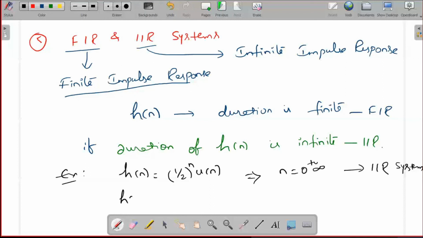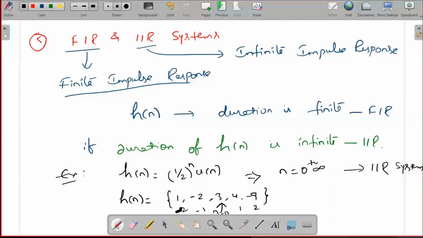Another example I have given like this. Now here, how many samples does the impulse response have? Only 5 samples, from n equal to -2 to +2. The remaining time instants are 0. So it has only 5 non-zero amplitudes from -2 to +2.